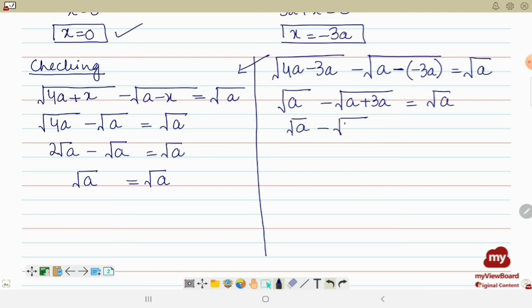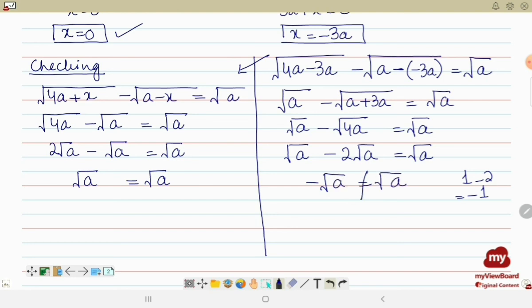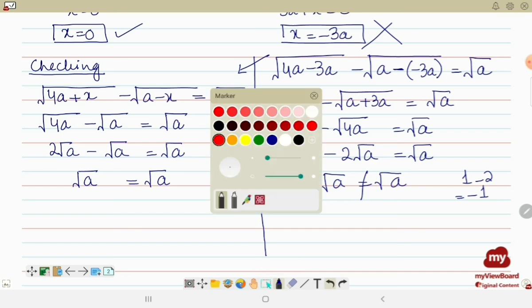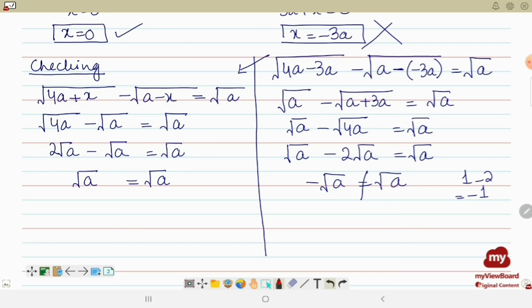A plus 3a becomes 4a. When you open up the square root of 4a, it will become 2 square root a. And when you subtract 1 minus 2, it will become minus 1. So we are having minus square root a, so the two terms are not equal. So the left hand side is not equal to the right hand side. So this x equal to minus 3a will not go into the solution set.